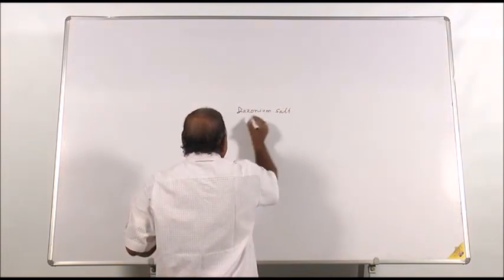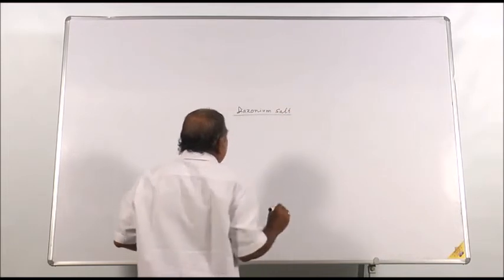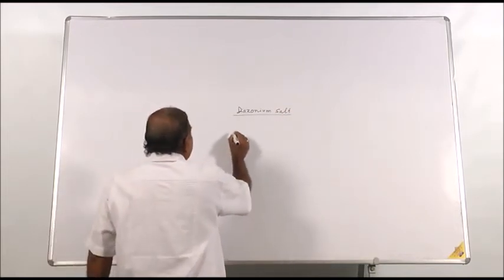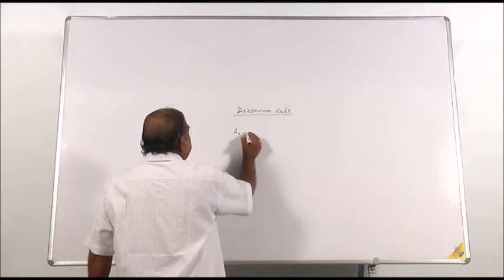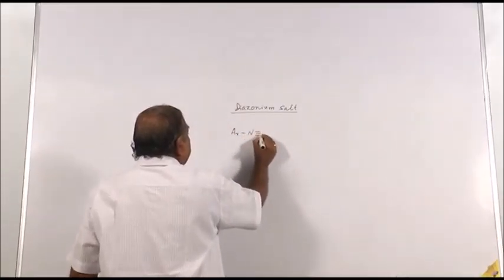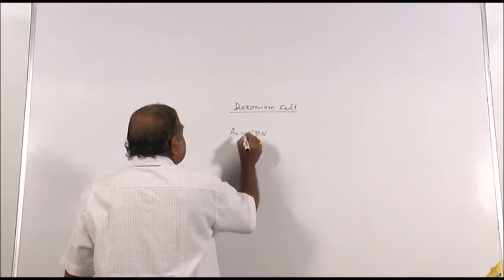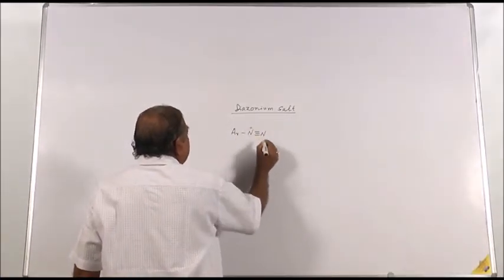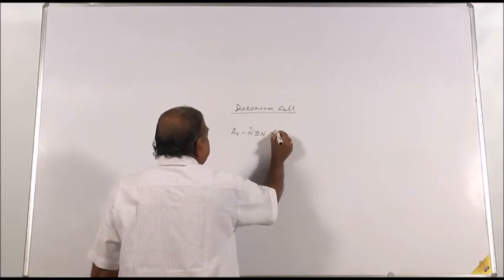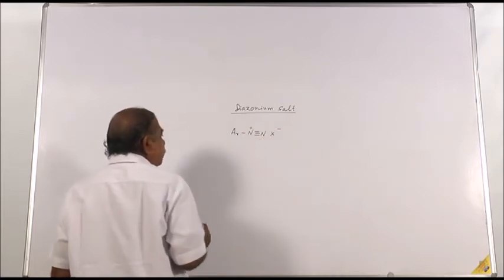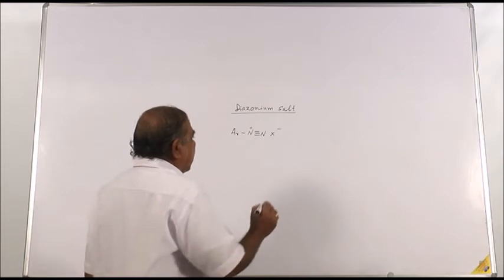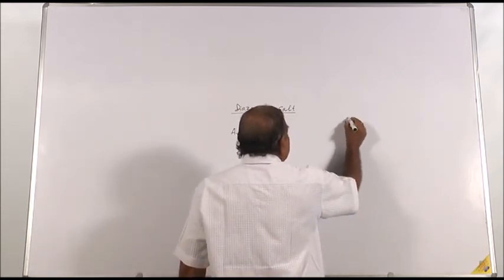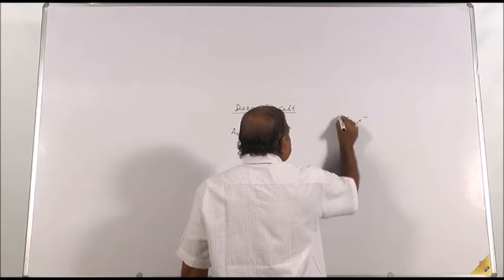It is an organic compound having the general formula Ar N triple bond N, where this nitrogen has valence 4, which we call quadrivalent nitrogen, with a positive charge, X minus, which has similarity with the ammonium salt, say NH4 plus X minus.